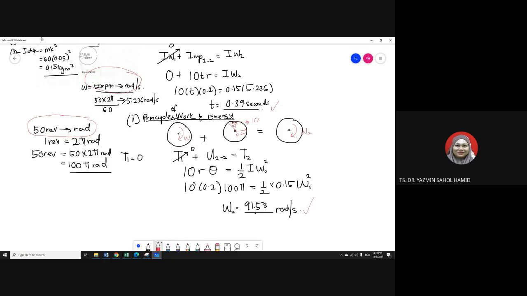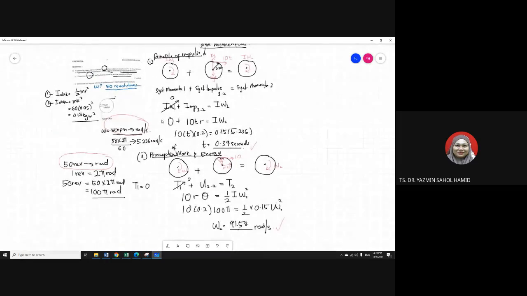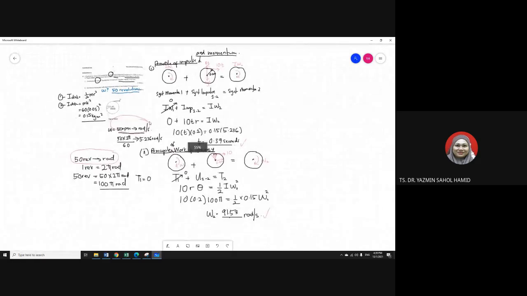That is how you answer the question. To me, the rigid body subject is actually easier than the earlier topics, because all you need to do is identify which principle you want to use, and then from there you look at the questions. For the principle of impulse and momentum and the principle of work energy, the diagram is only different.